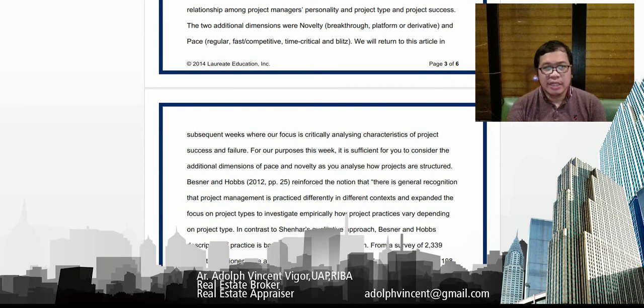So Besner and Hobbs reinforced the notion that there is general recognition that project management is practiced in different contexts, and expanded the focus on project types to investigate empirically how project practices vary by project type. So in contrast to Shenhar's qualitative approach, Besner and Hobbs' description of practice is based on a quantitative approach.